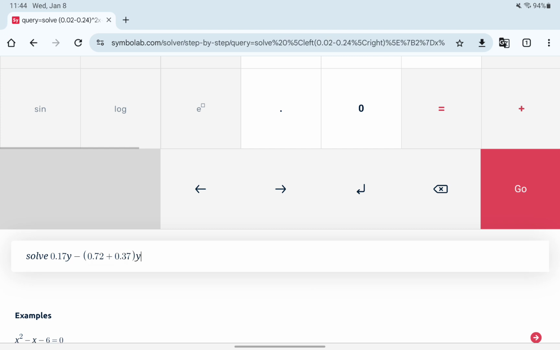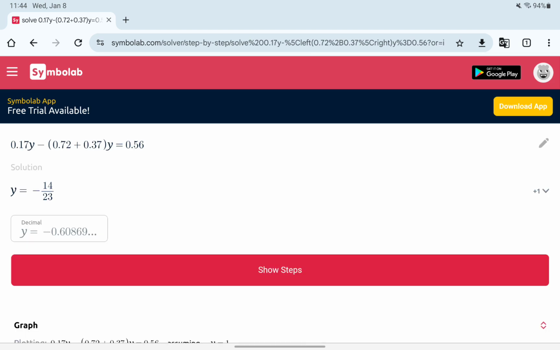Close off those parentheses and multiply that quantity times y, set equal to 0.56. When we evaluate that, it gives us an exact answer of negative 14 over 23, and it gives us the decimal answer that we can round.